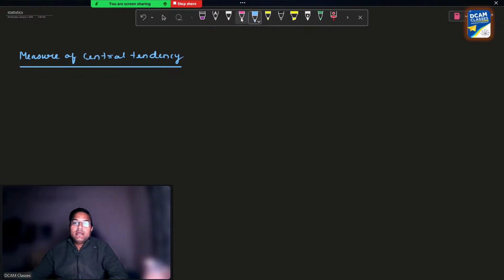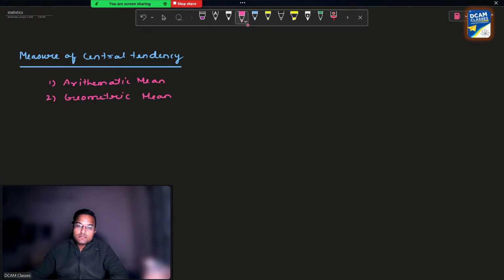So what you will be learning here: first, arithmetic mean, there are methods; second, geometric mean; third is your harmonic mean; fourth is median; fifth is mode.